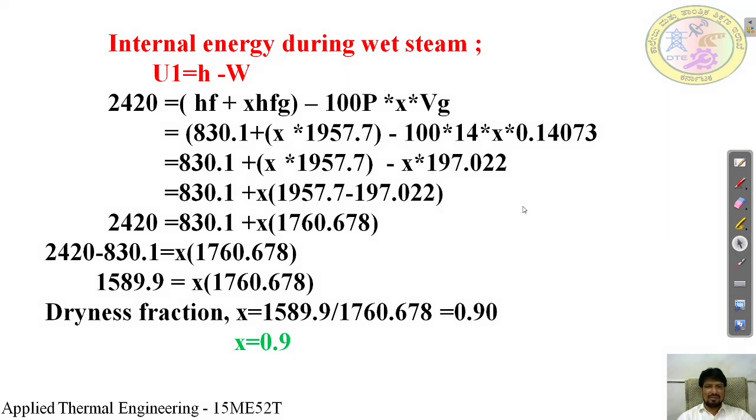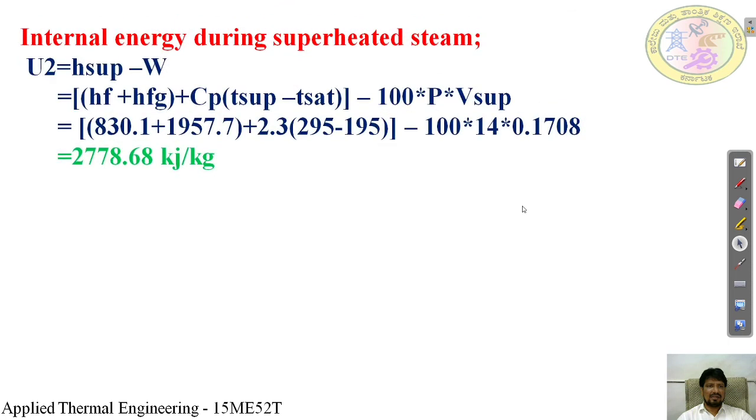Now next is how to calculate the internal energy during the superheated steam. Here, when it is superheated, we are considering U2. Internal energy of superheated, U2, is equal to H of superheated minus W, that is the work done when it is superheated.